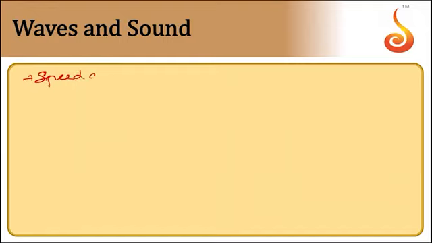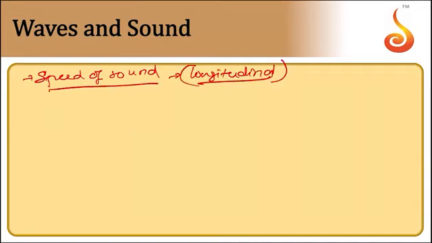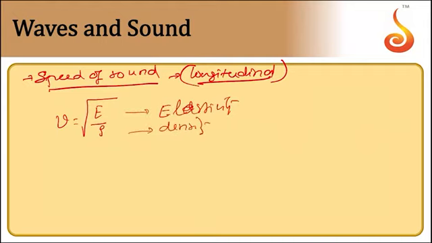Speed of sound, a longitudinal wave. The velocity of sound is given by square root of E divided by rho, where E is the elasticity and rho is the density. So this is basically modulus of elasticity.